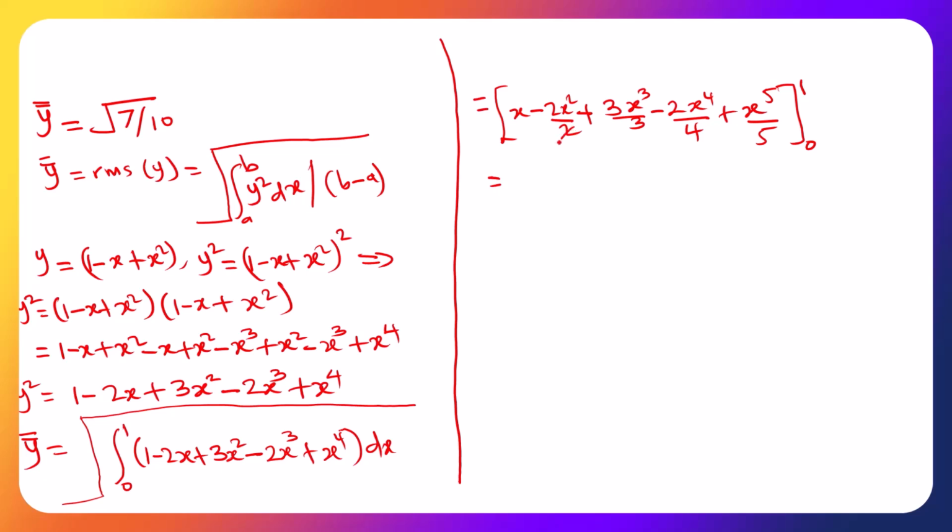And this gives us, of course, 2 will cancel 2, 3 will cancel 3, and 2 here, we have 2 here. This will give us 1 minus 1 squared plus 1 cubed minus 1 over 2, 1 raised to power 4, plus 1 raised to 5 over 5.